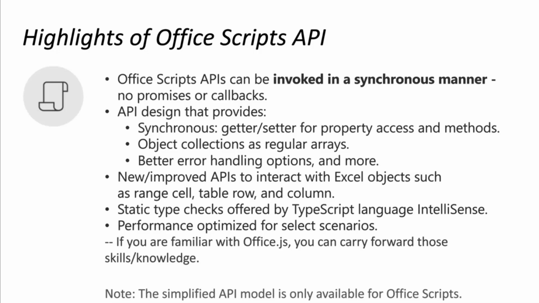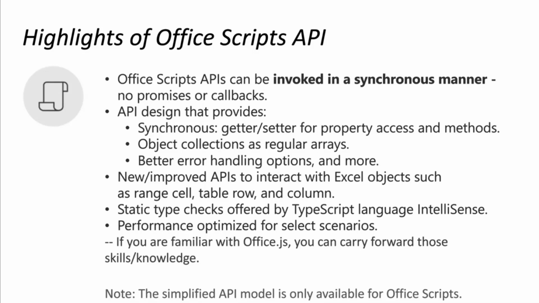If you're familiar with the object collections in Office.js, it comes with a fairly complex structure, but in this model, we've simplified it. Object collections are just regular arrays. And now we can do better error handling because it's much easier to check if an object exists or not, and so on.